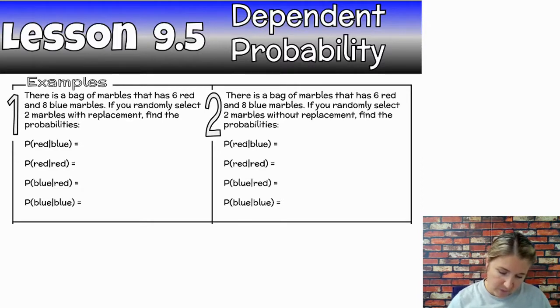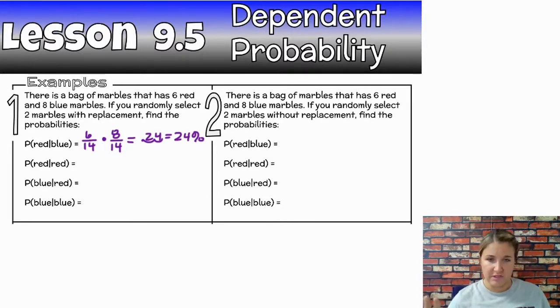So we have the probability of a red is going to be 6 out of a total number of marbles, which is 14. And then I'm going to multiply that because I'm going to have a second event occur. I'm going to put it back, and now I'm going to have 8 out of 14. And then I just multiply across here, and I get 0.24, or writing as a percent, that's going to be 24%.